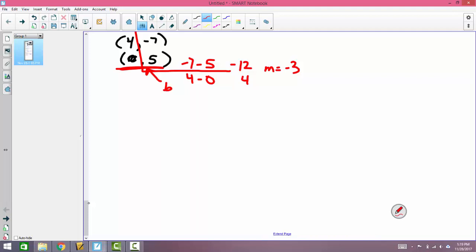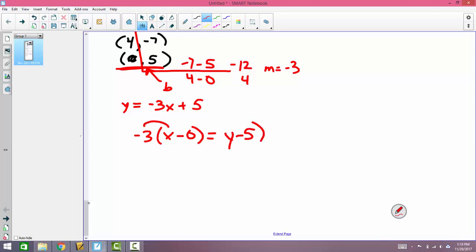So from your previous equation writing, hopefully you're realizing it should be negative 3x plus 5. And if you did the newest one, m times x minus zero equals y minus 5. So that would give you negative 3x, add 5.